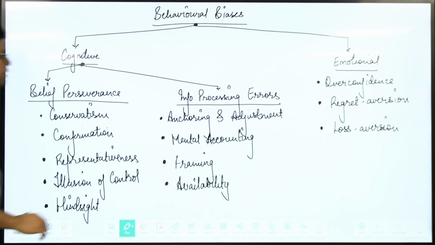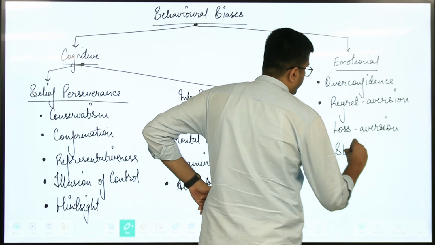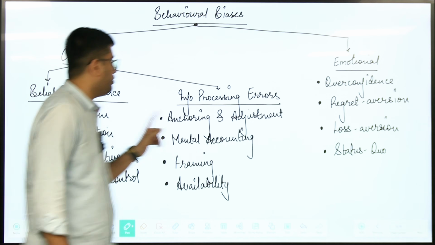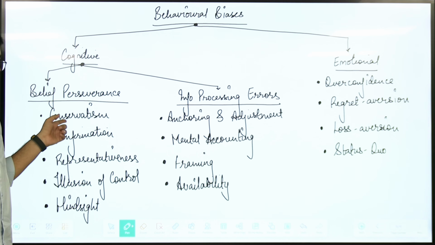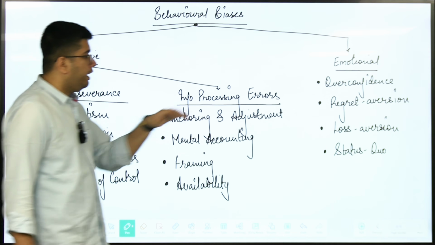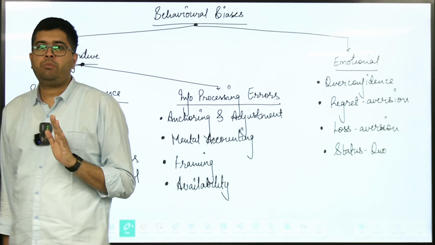Then we have status quo bias. Status quo is simply reluctance to change. This is different from conservatism because there you are rigid in your opinion. Here we are saying you invest money and now you are not interested in revising your investment policy at all.